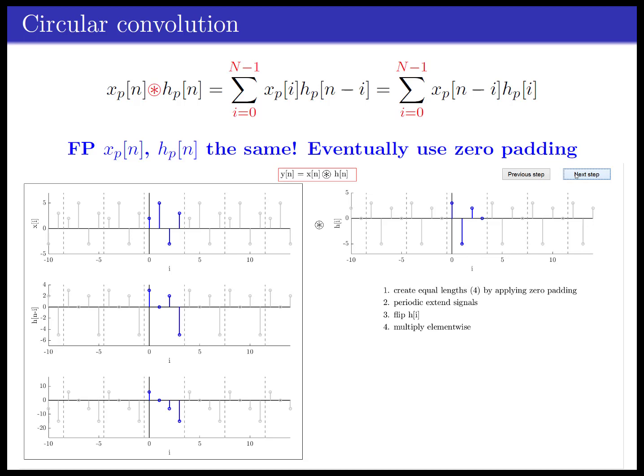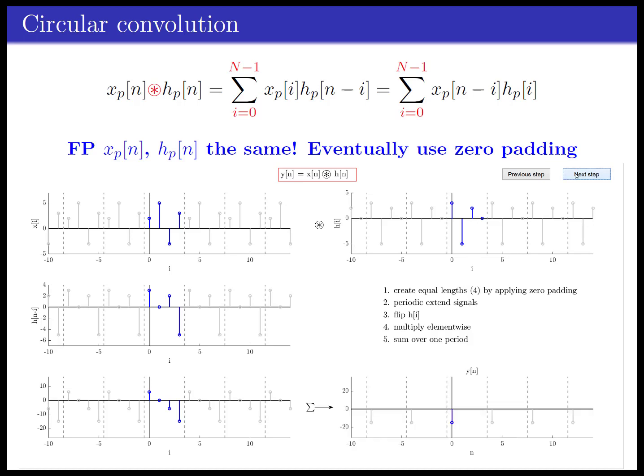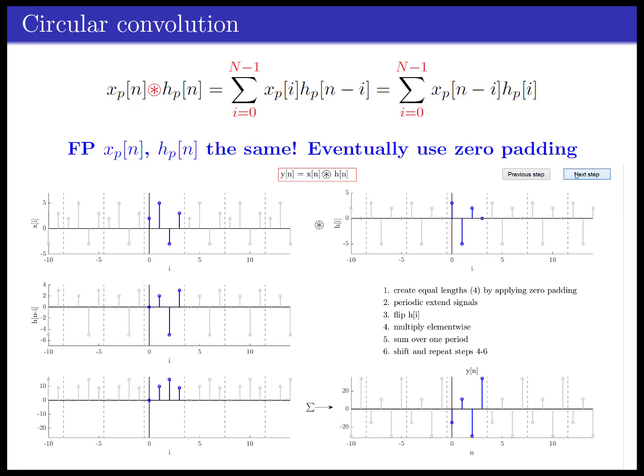Then multiply element-wise the samples of xp and the flipped impulse response hp, and sum the result over one period, which leads to a resulting output sample. Then shift the flipped impulse response and repeat the previous steps, until the end of one fundamental period.